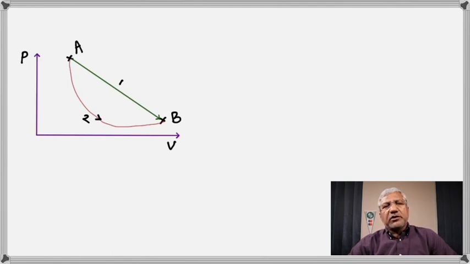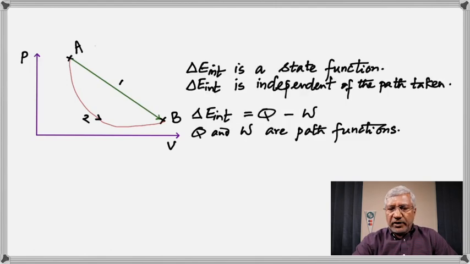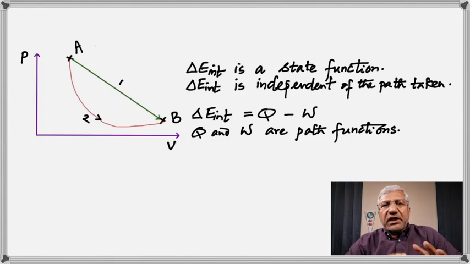It could go straight from A to B along path 1, or it can move along path 2. Now, the internal energy is a state function. What does that mean? It means that the internal energy only depends on the initial and final states. That means it's independent of the path taken.